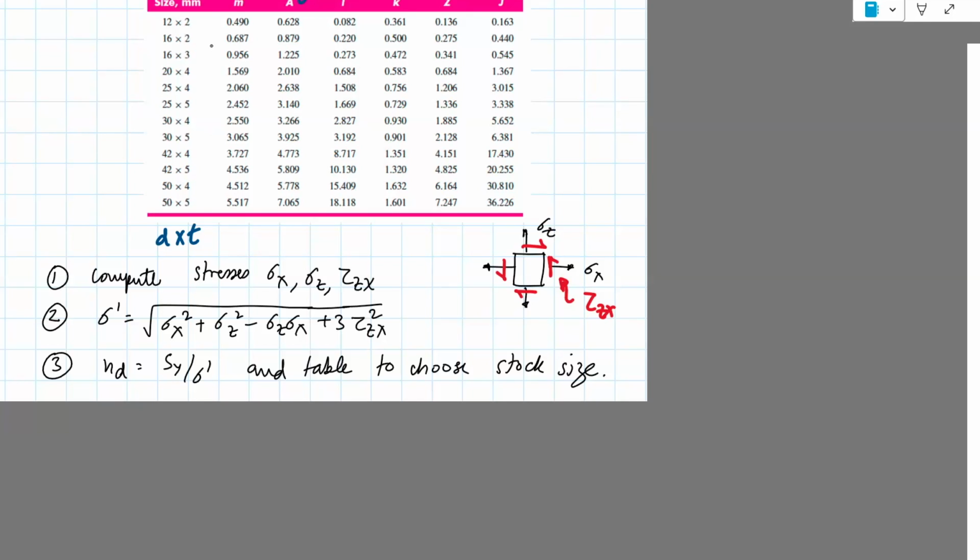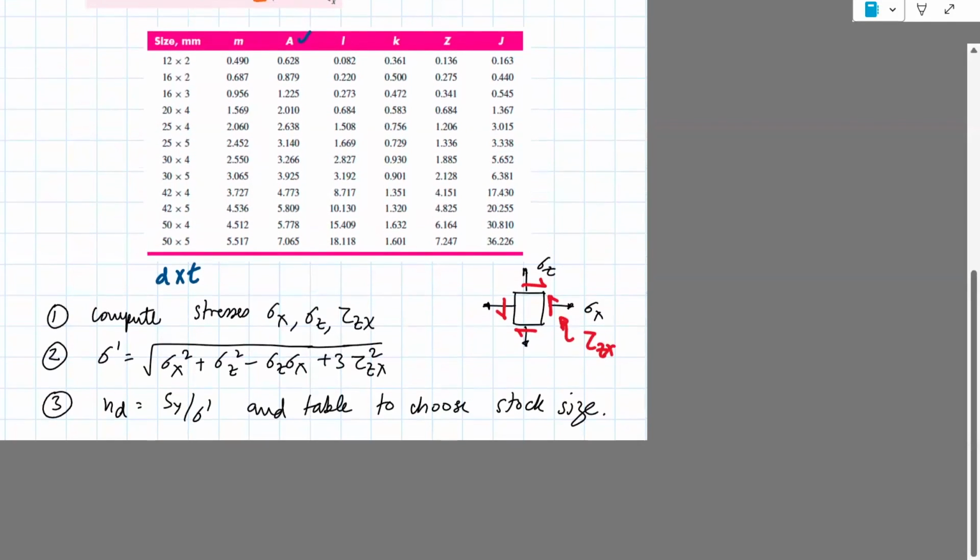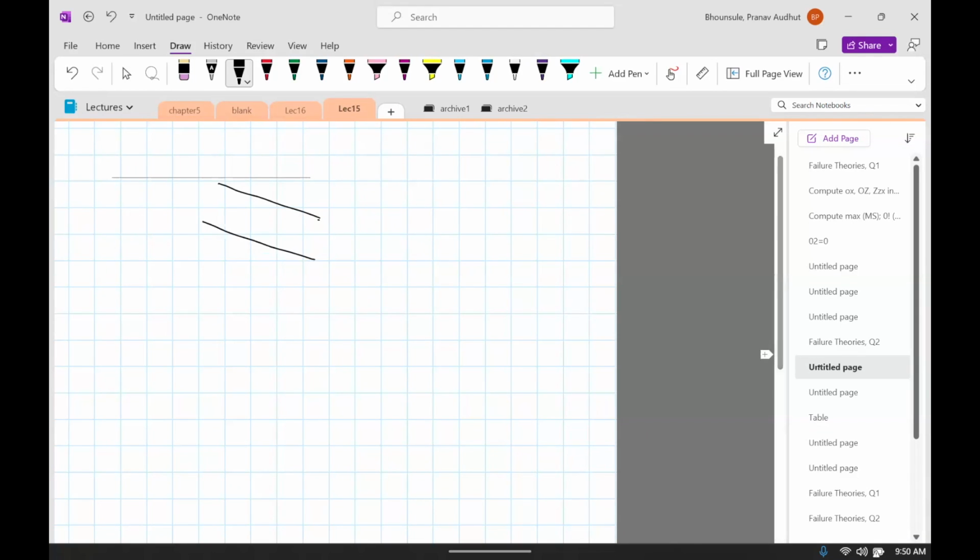Let's try to identify the stresses, sigma x, sigma z, and tau zx. Shaft. So there is a normal force, there is a load this way, and then there is torque.